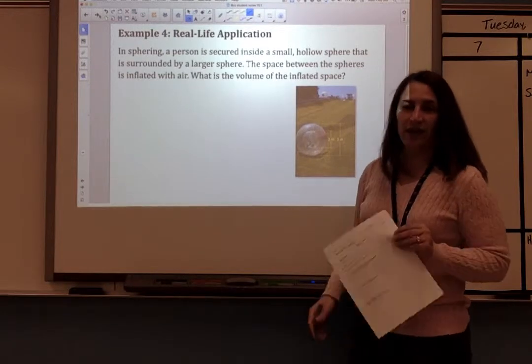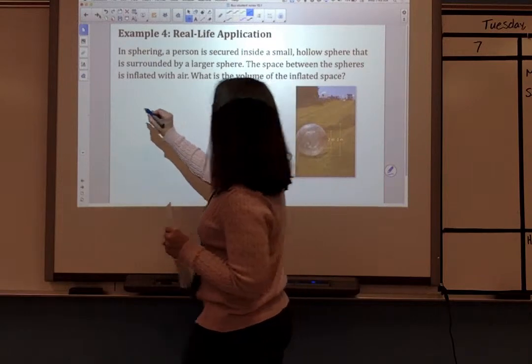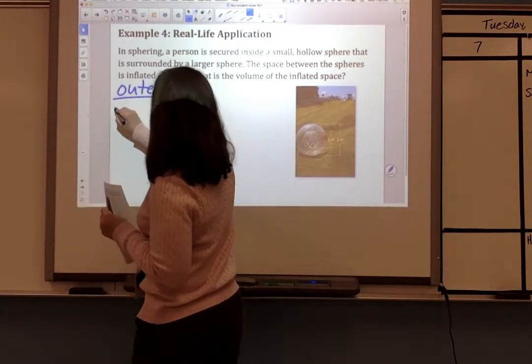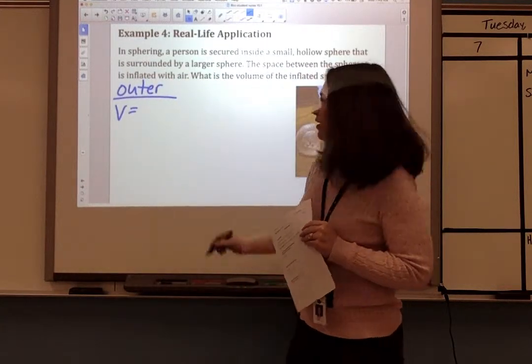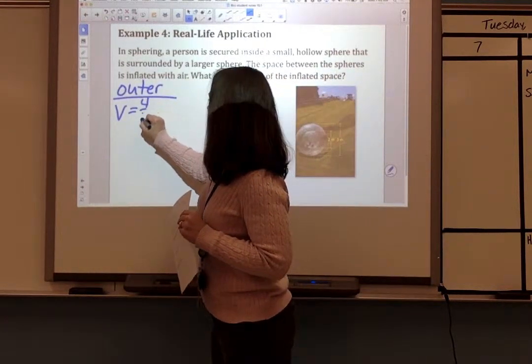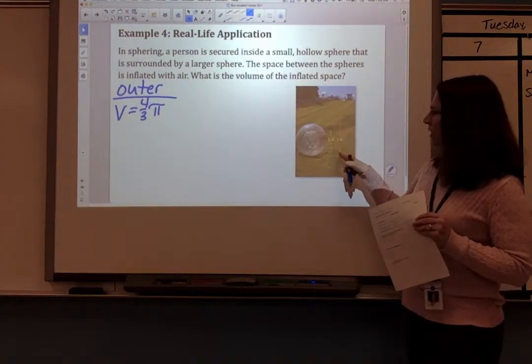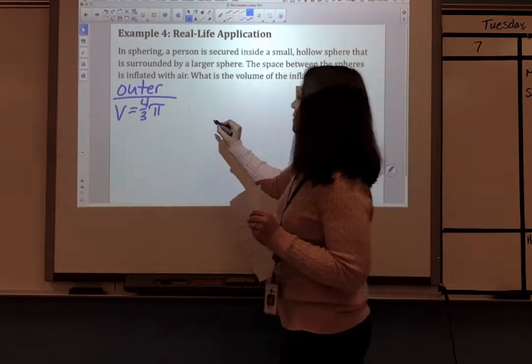So we're going to go ahead and find the volume of the outer sphere and the volume of the inner sphere. So for the outer sphere, our volume is 4/3 times pi r cubed. And the radius of the outer sphere is 1/2 of 3.